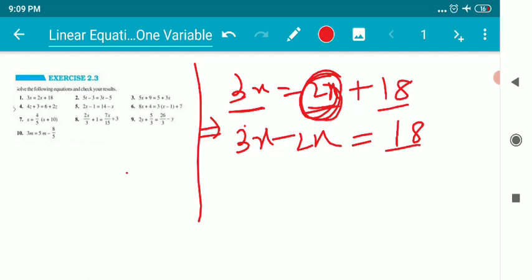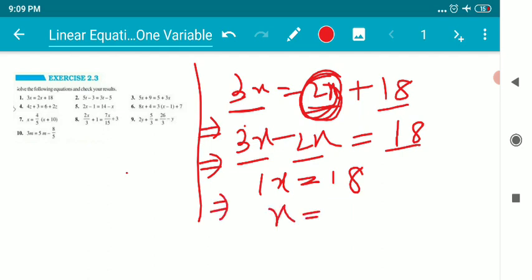Now we have to perform a normal subtraction. The subtraction of 3x minus 2x is 1x, or only x. So here x is equal to 18. So children, the value of x I got is x equal to 18.